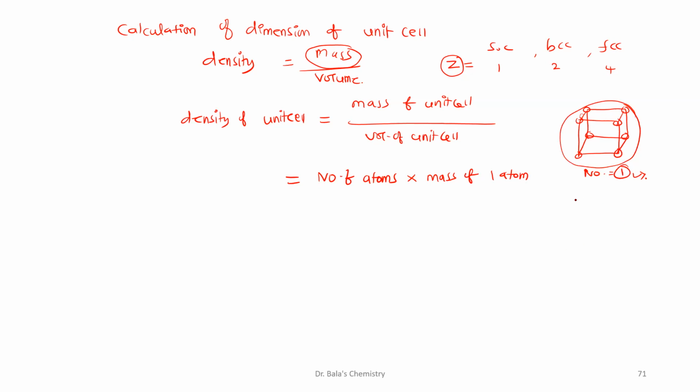Suppose we have a body centered unit cell, so corner atoms are there and at the center we have one atom. So this is a body centered unit cell. Here the number of atoms is 2, into mass of 1 atom. The entire unit cell contains only 2 atoms, so we can calculate the total mass of the unit cell. Am I right?